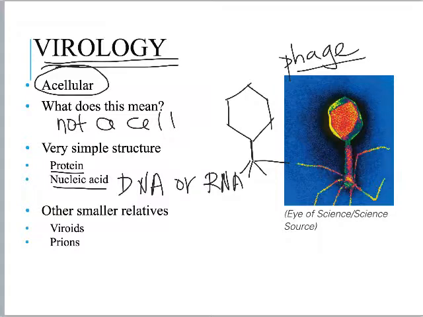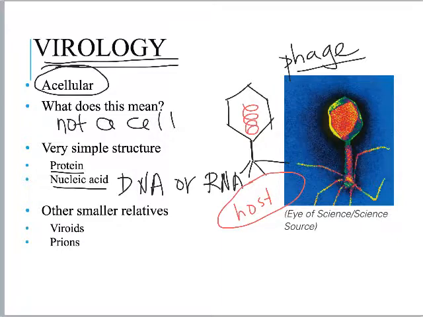Okay, and then inside of here, this is where the DNA will be, and then this will attach to a cell. Okay, so a virus has to have a host cell in order to reproduce, so it can't survive without it. Okay, so it can't replicate, it can't continue to grow without a host.